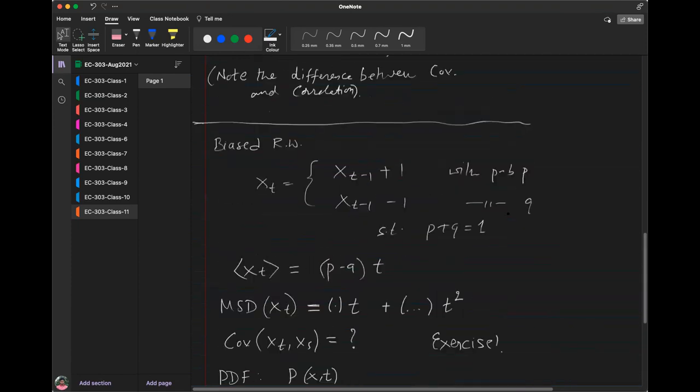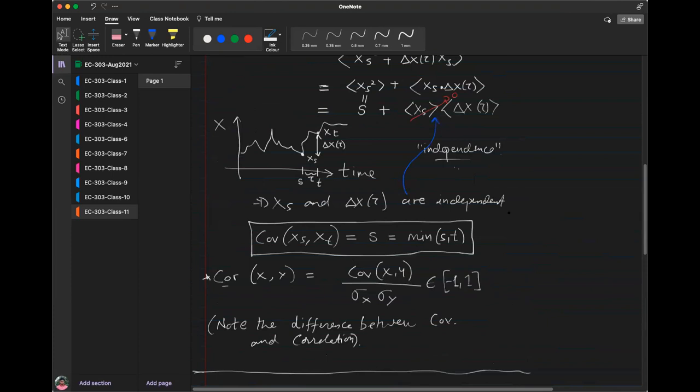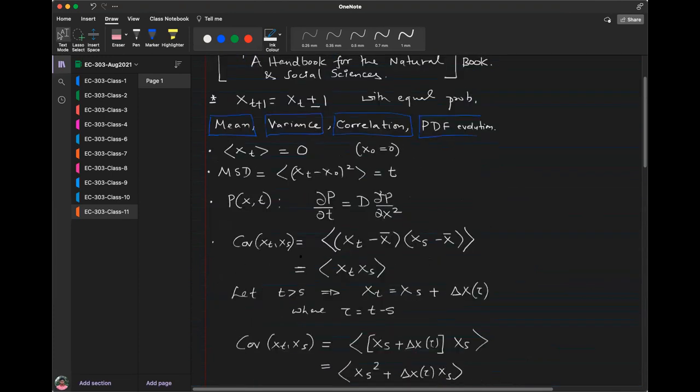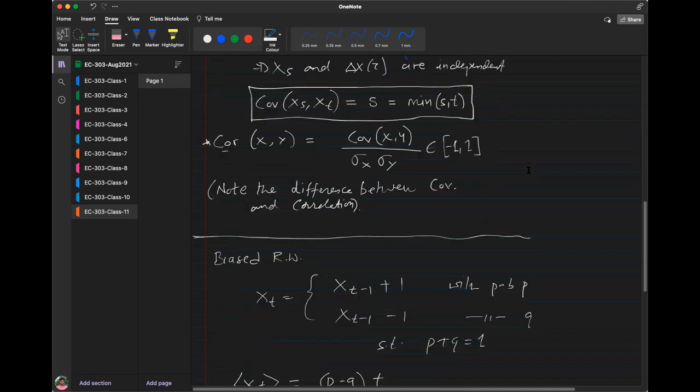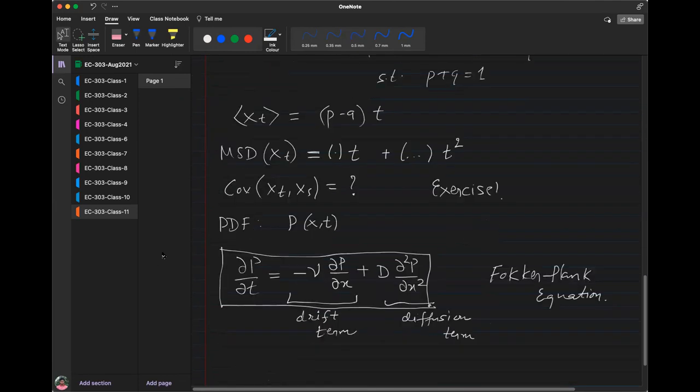And again, if somebody asks, what is the Fokker-Planck equation for a random walk? That would be diffusion. That's the diffusion equation. And what's the Fokker-Planck for a biased random walk? That's the drift diffusion equation. Okay, so those are some simple terms to keep in mind.